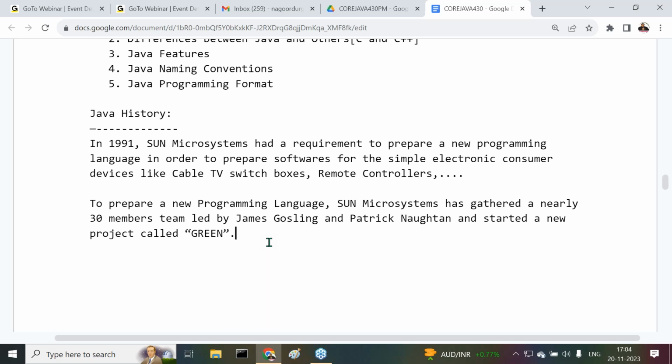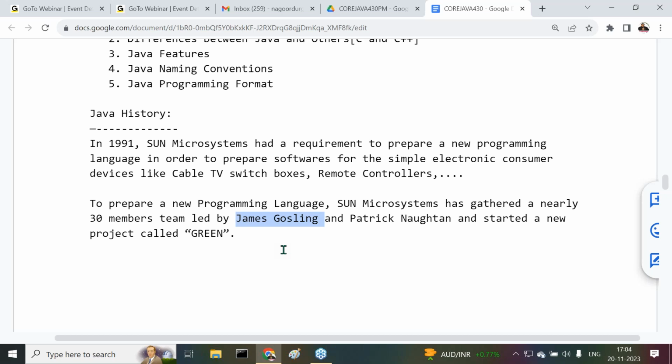But the unfortunate thing is that James Gosling was associated with Sun Microsystems only for a few years, not till date. He was associated with Sun Microsystems only up to Java's 3rd and 4th versions. After that, he left Sun Microsystems.